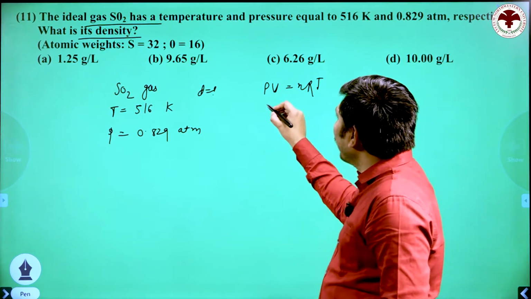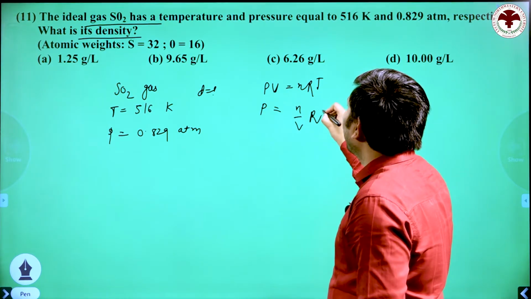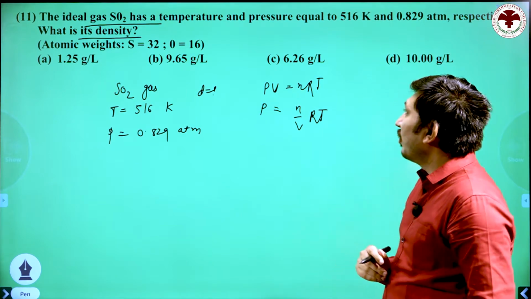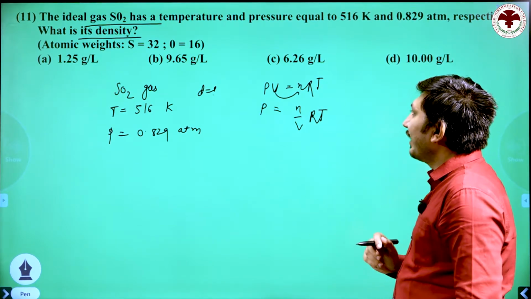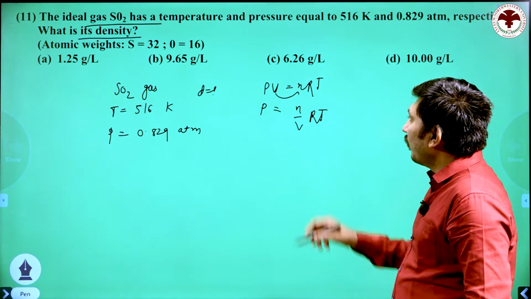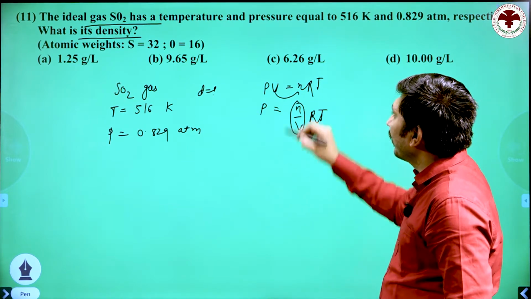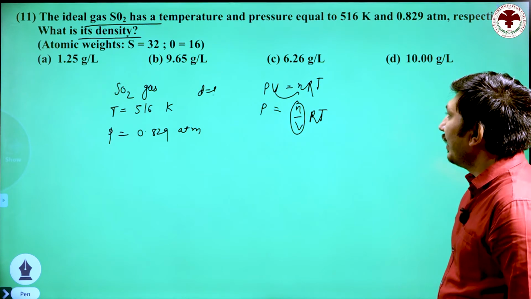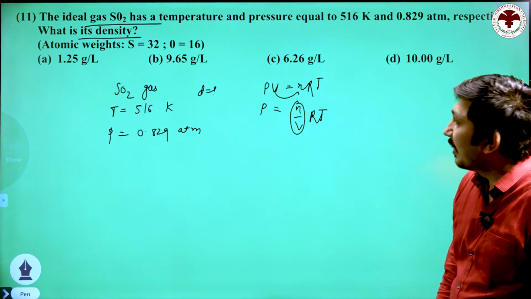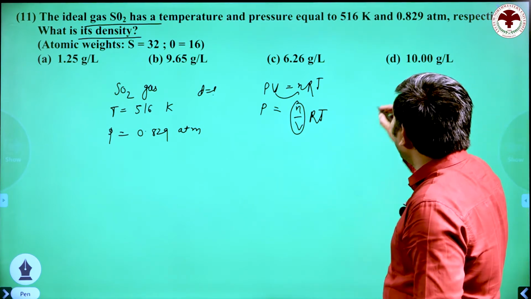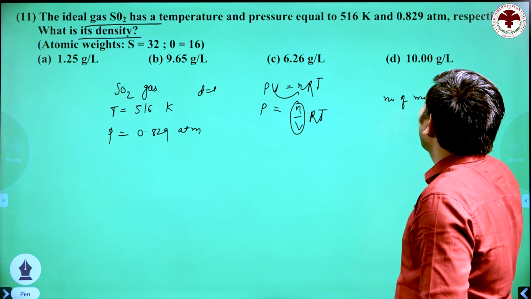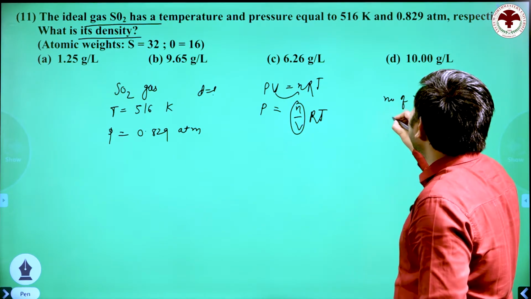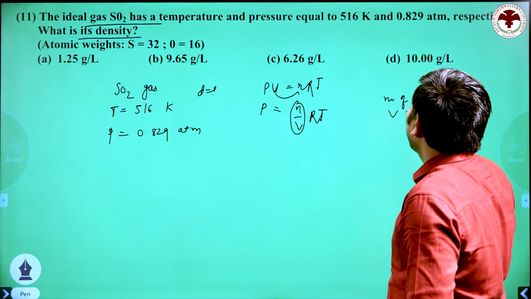Now, if we write this in another form, V going to the right hand side and dividing by V, what is n by V? n stands for number of moles, and V means volume.